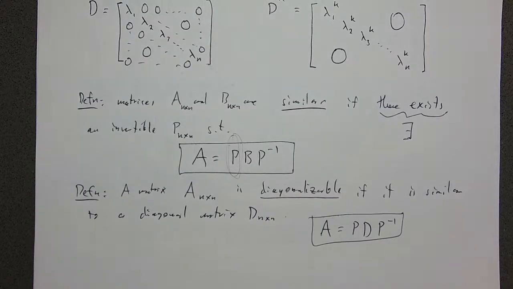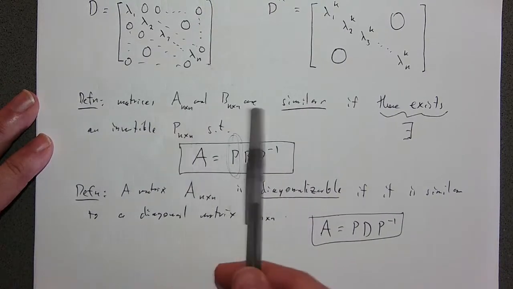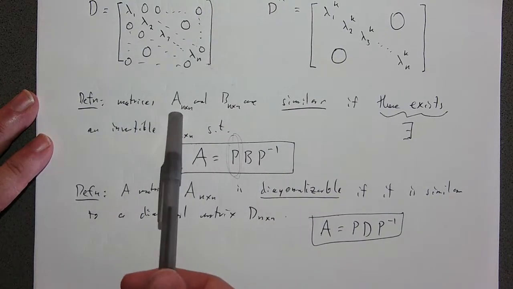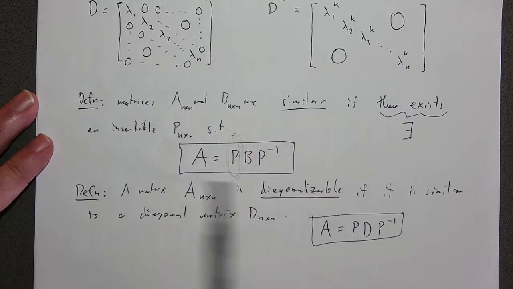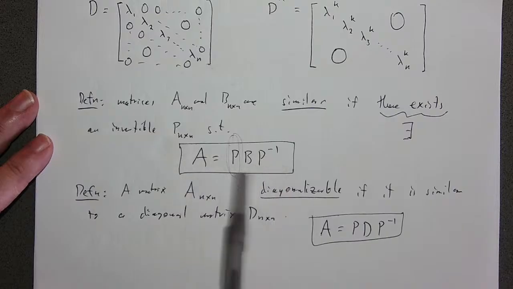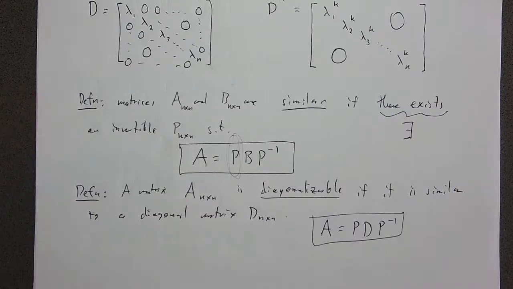It is a matrix that allows you to change basis, and in the new basis, the matrix A is B, or vice versa. Like this similarity, there's no directionality to this. It doesn't matter if you say A and B are similar or B and A are similar, because if A and B are similar in this sense, then you could put B on the other side by just using P inverse instead of P. So all of this still very much works in either direction.